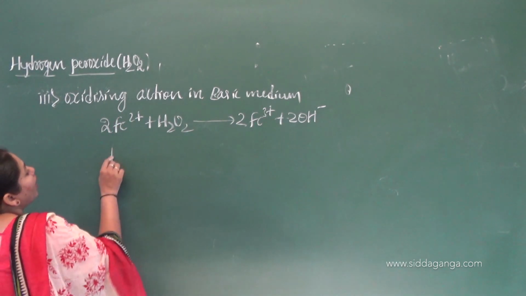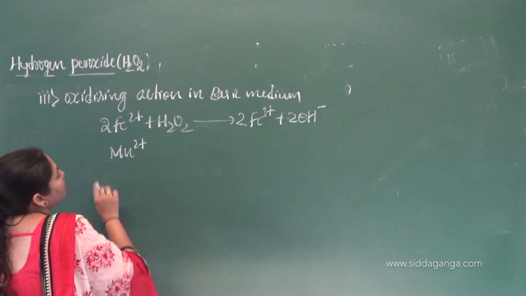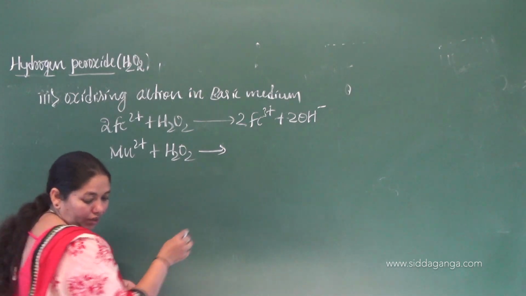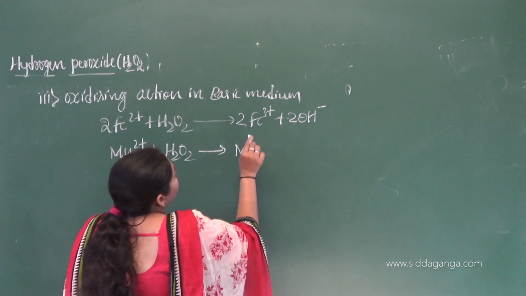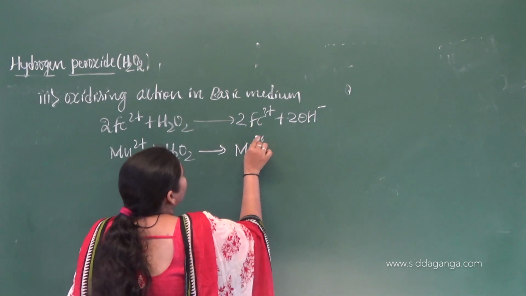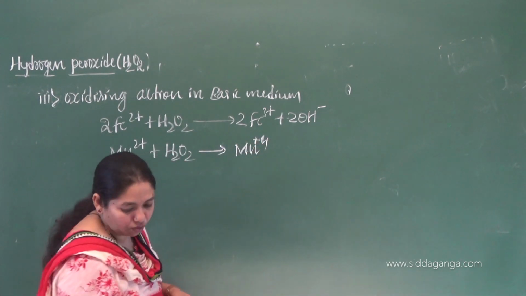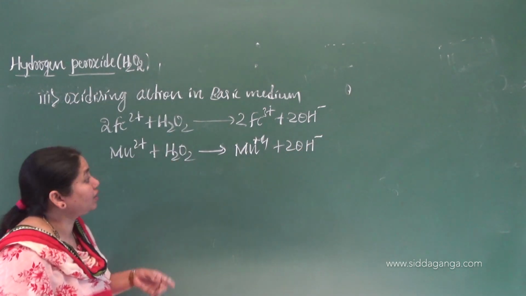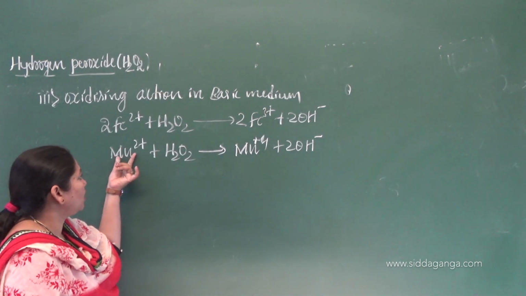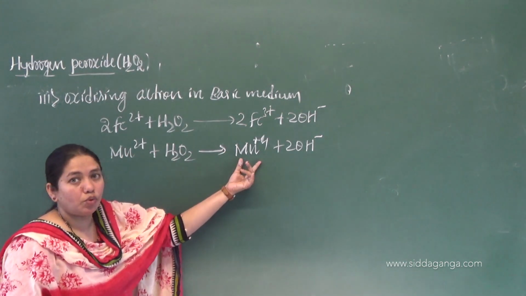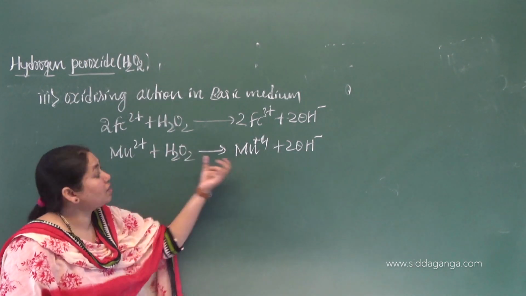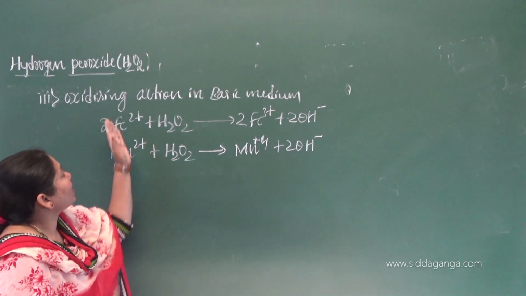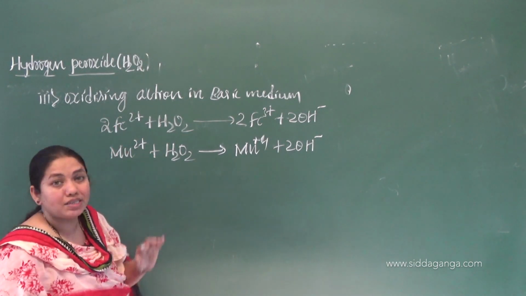And one more example you can have: Mn2 plus, manganese, when made to react with hydrogen peroxide, forms manganese dioxide, that is +4, plus 2OH minus, or water you can simply write. You can see here the oxidation number of Mn is +2 and it becomes +4, so the oxidation number has increased, while for peroxide it has decreased. So in this example also it acts as an oxidizing agent in basic medium.